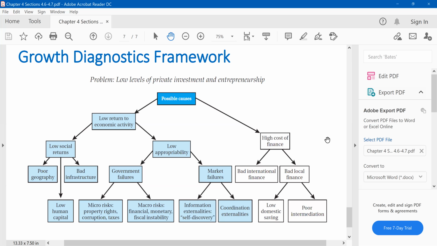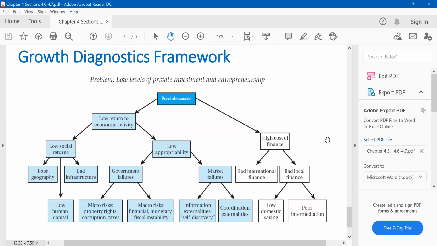Okay, now the other type of possible causes, of course, is the other side of the medallion. One side of the medallion is the return. The other side is the cost. And there, we must be observing high costs of financing your investment or entrepreneurship if you observe very low levels.